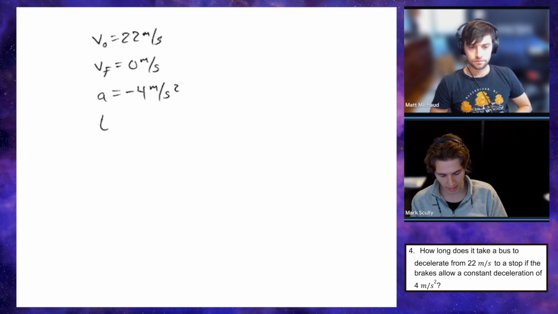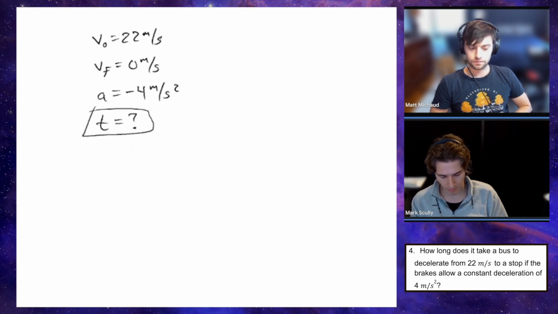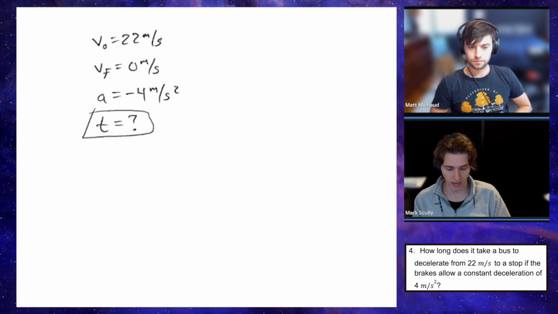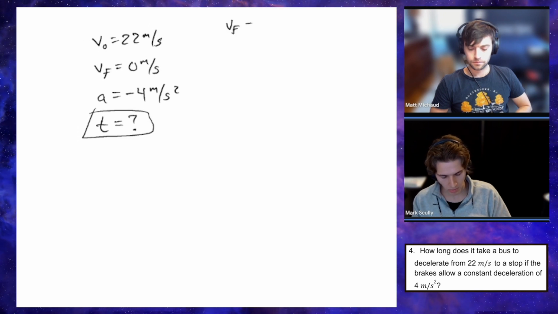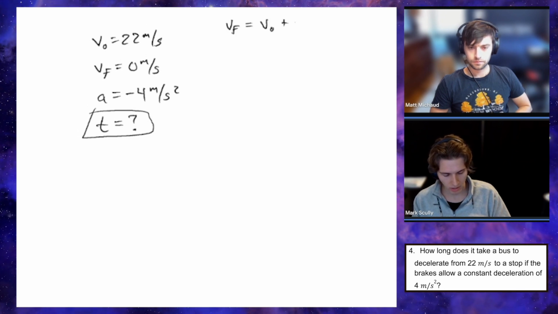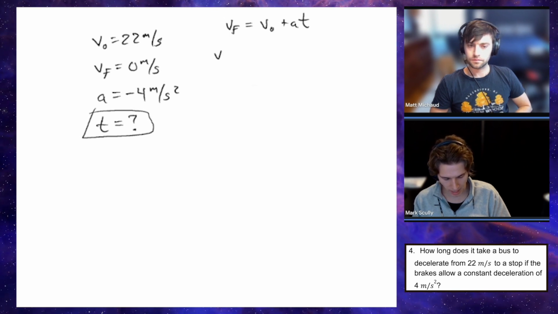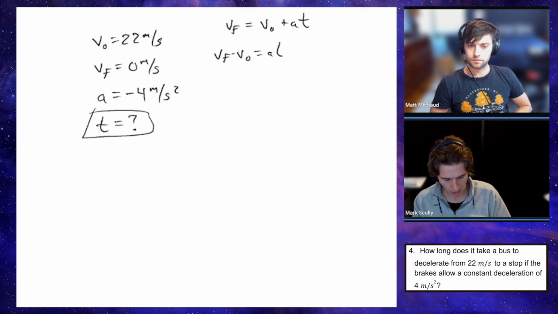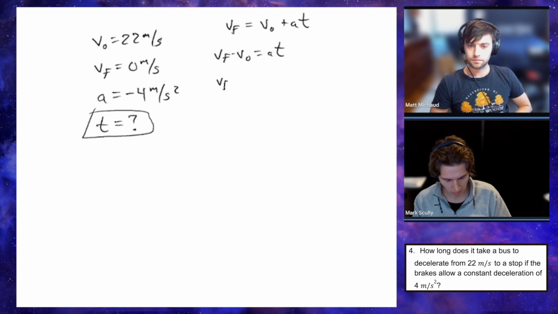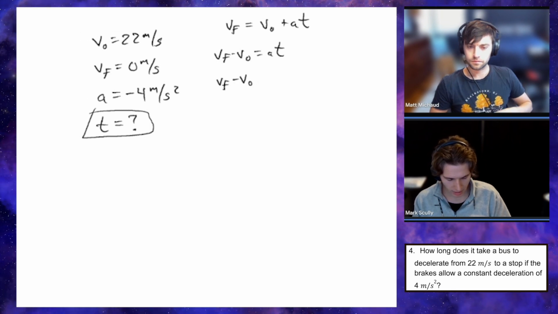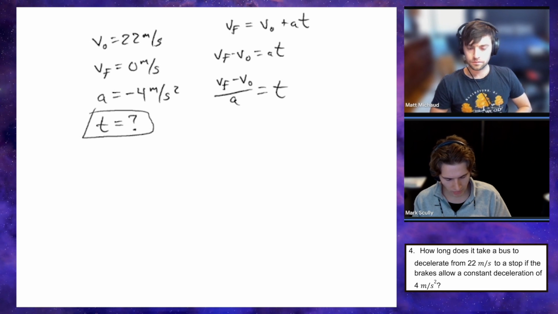Finally, it's asking for time. Let's set up our equation to solve for time. We always start with v final equals v initial plus at. We subtract v initial from both sides. And now we want to divide both sides by acceleration to isolate time. Let's plug in our variables.